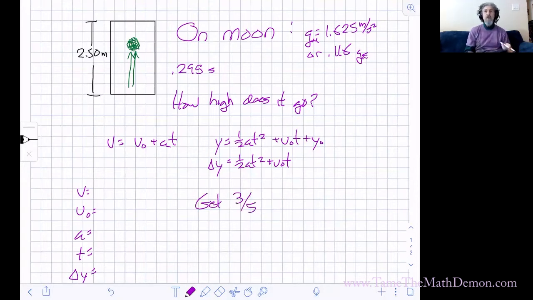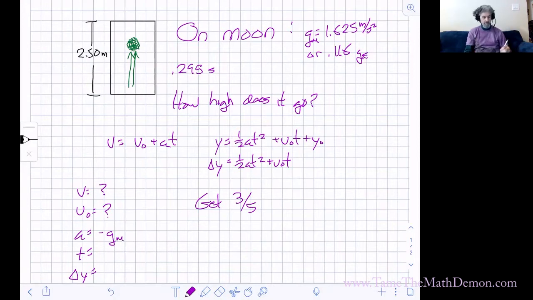So your first bet in the toughest kinematics problems is just seeing, do I have 3 out of 5? Well, I don't know what the velocity is when the rock reaches the top of the window, and we don't know its starting velocity at the bottom of the window, but we do know that the acceleration is downward, and it's what I'll call g m.